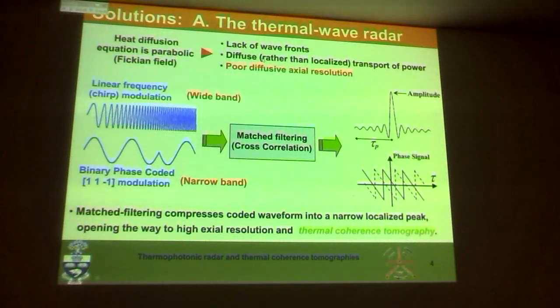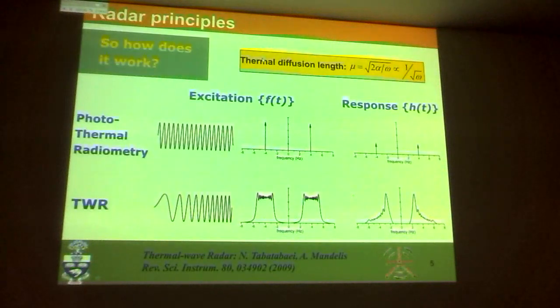What I'm showing you now is how we ended up with this concept of thermal coherence tomography, by trying to fight against the loss of thermal energy that's germane to the photothermal field. To get started, you have the thermal diffusion length. It goes like 1 over the modulation frequency. So higher frequencies, shorter length.